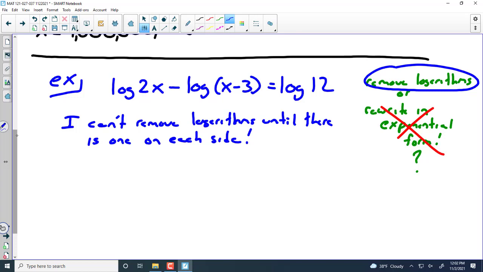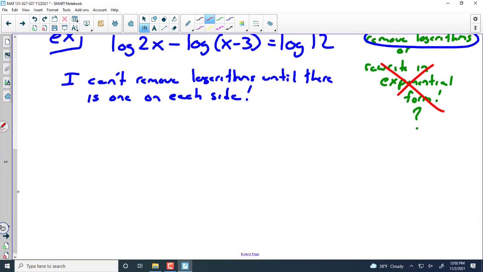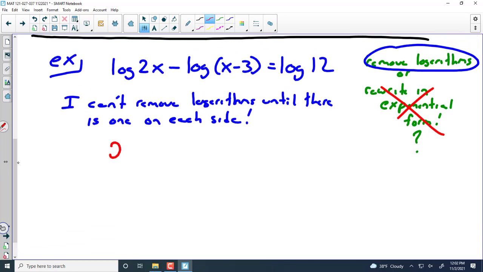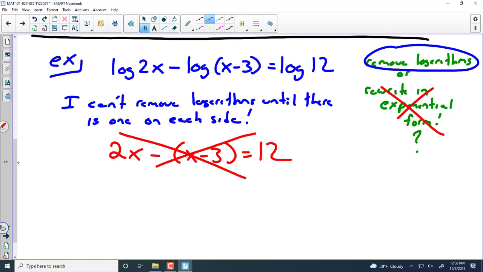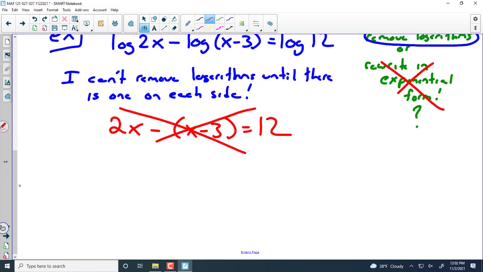That's the problem. So unfortunately, what people do is they remove the logarithms like that, and that is not correct. You cannot do that. What we do is we remove the logarithms, but we can't remove them until there's one on each side.